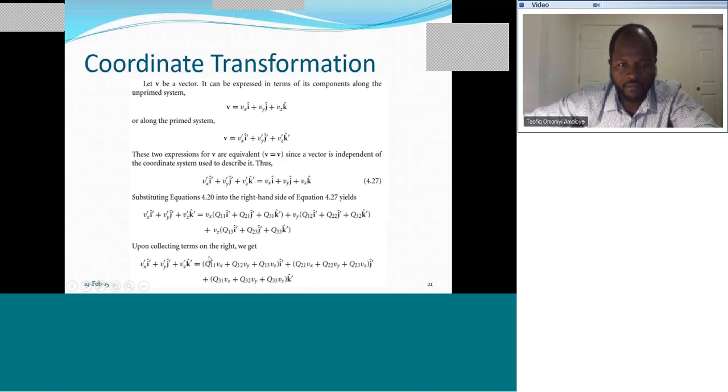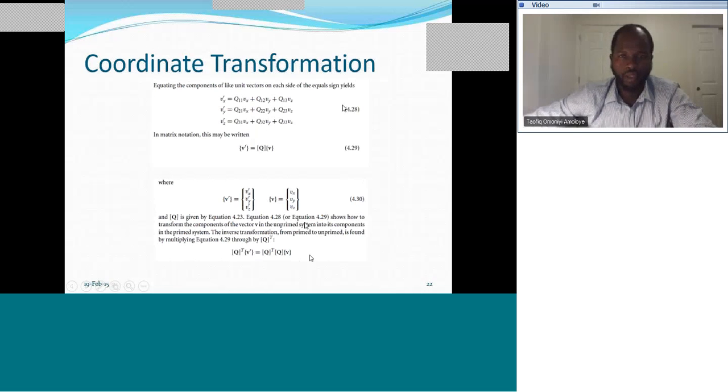We can go further to see that Vx prime must be equal to the expression here, because I prime is equal to I prime, J prime is equal to J prime, and K prime is equal to K prime. Therefore, Vx prime must be equal to that, Vy prime must be equal to this, and Vz prime must be equal to this as well. And that is just equation 4.28.